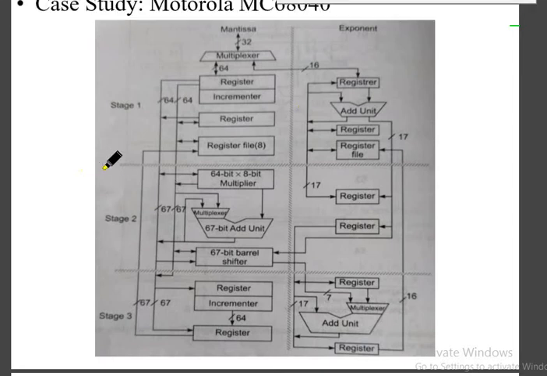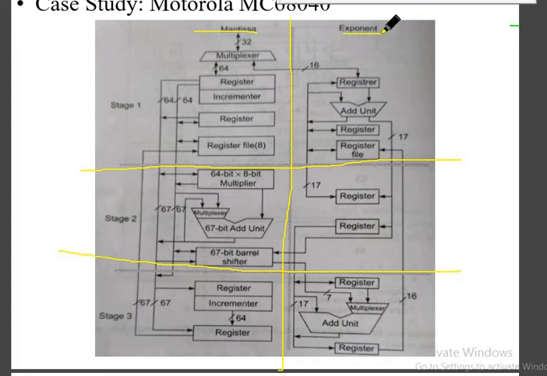You can see stage 1 is up to here, then stage 2 and stage 3, and vertically it is divided into 2 parts: the mantissa part and the exponent part. In parallel the mantissa part and exponent part will execute, but stage-wise it will execute serially.